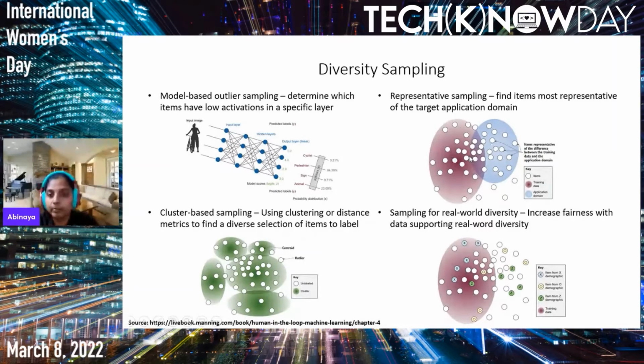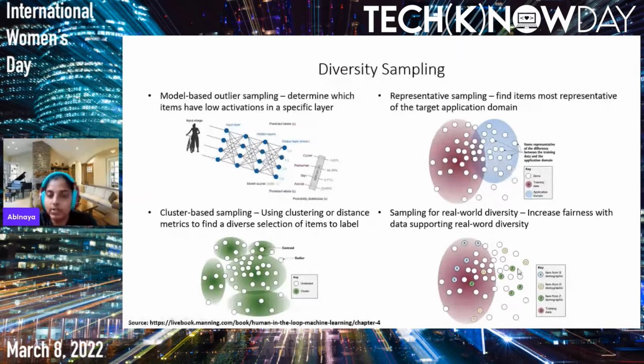The last one under diversity sampling is sampling for real world diversity. Say, for example, you have a problem where you have to deal with age or gender. You have metrics related to sensitive information. All these things, you will have to make sure that you increase the fairness of the data by supporting real world diversity.